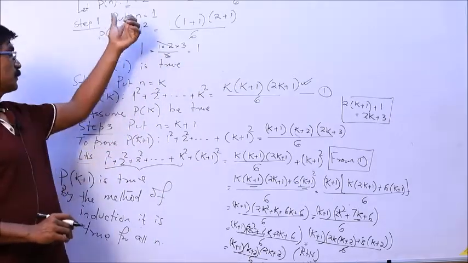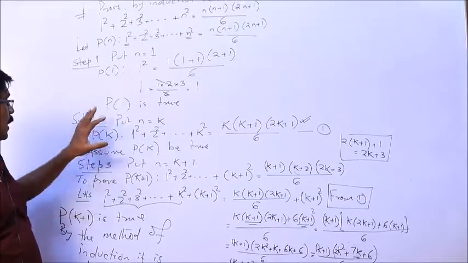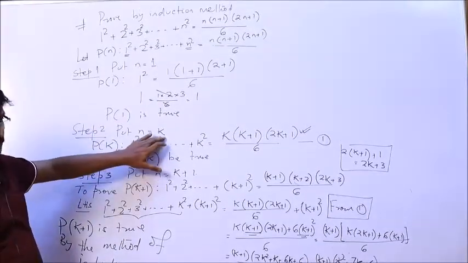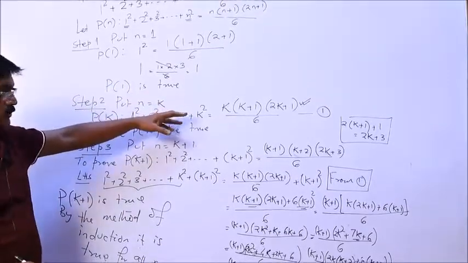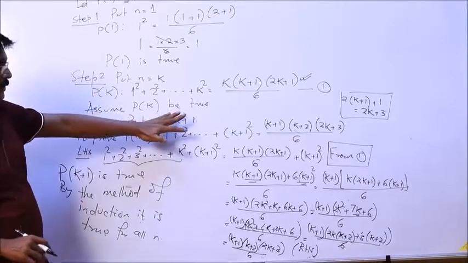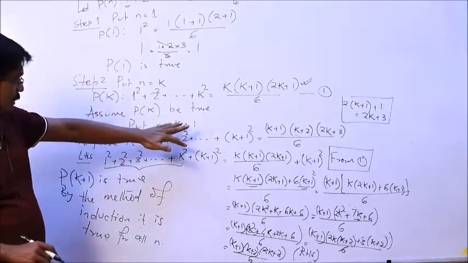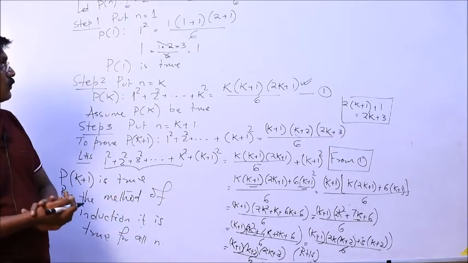So, first step we have to verify it is true for n is equal to 1, assume it is true for n is equal to k, then using the result it is true for n is equal to k, we have to prove it is true for n is equal to k plus 1. So, finally, by the method of induction it is true for all n.